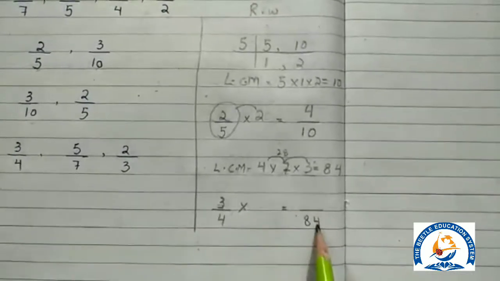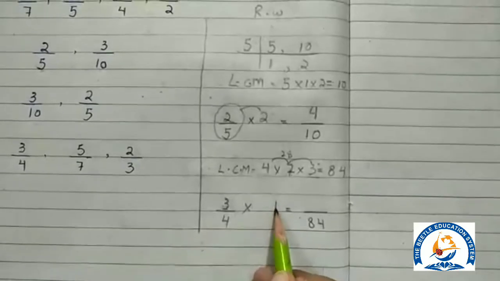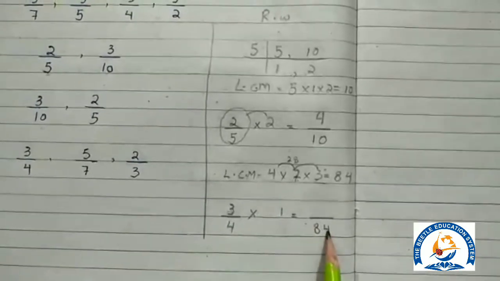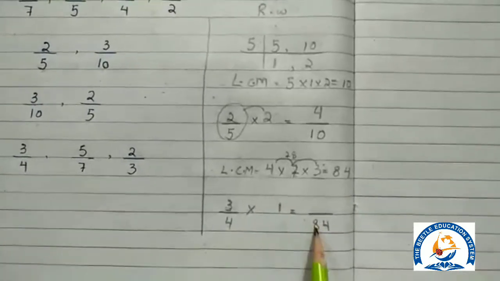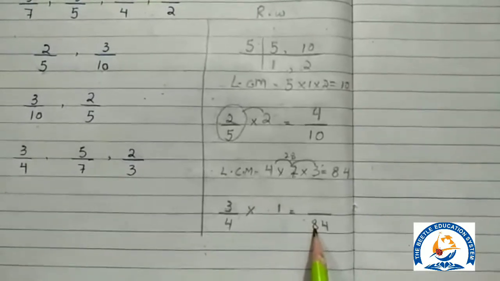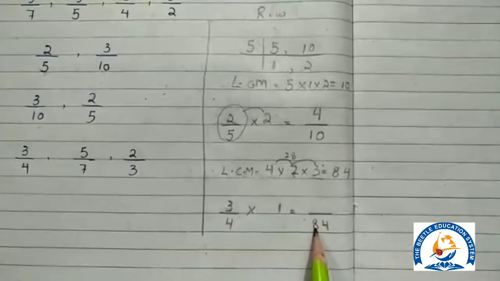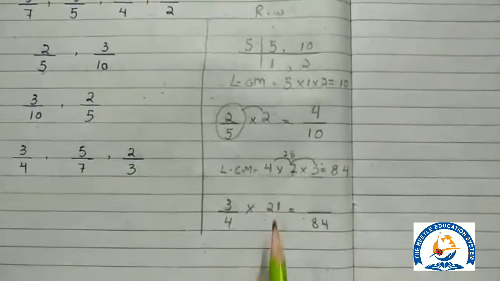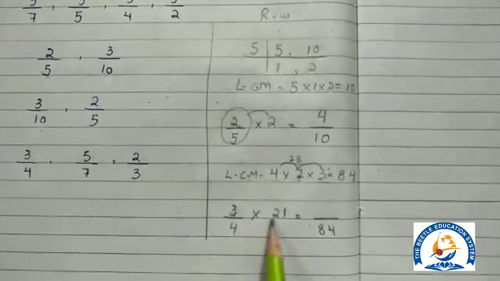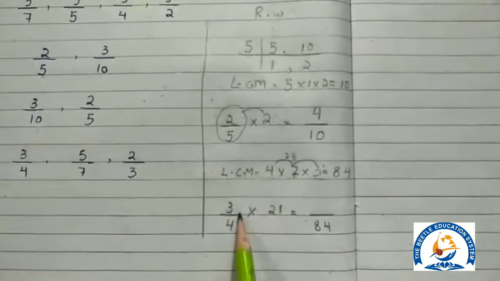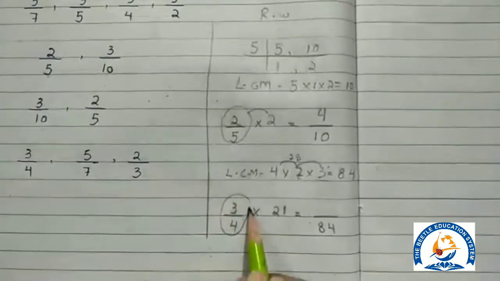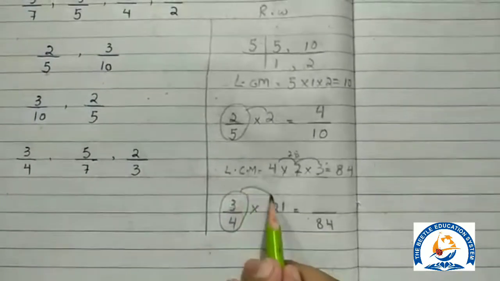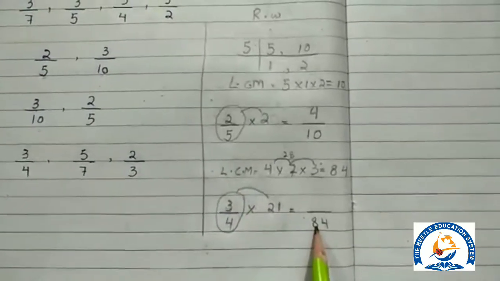So 4, how many times is 4? 4 1 time is 4. Then in tens we have 8. How many times does 8 come in the table of 4? Yes, 2 times. 4 2 times is 8. It means the number 21. We have to multiply the whole fraction with 21 to get 84 in the denominator.